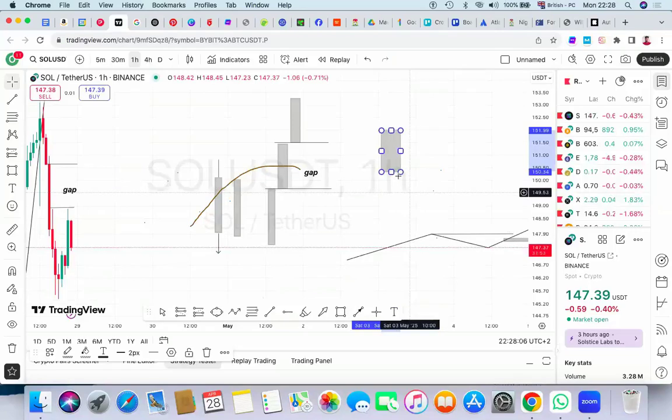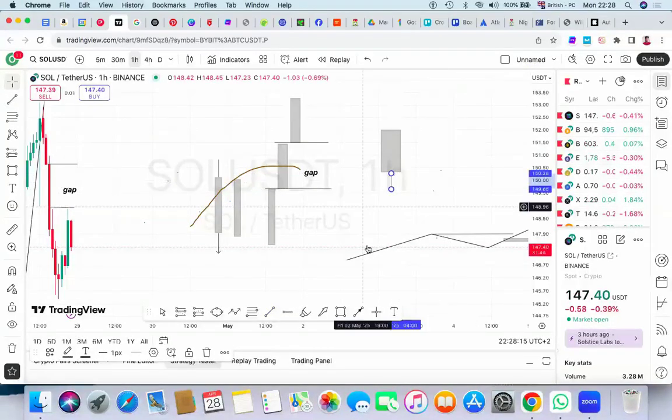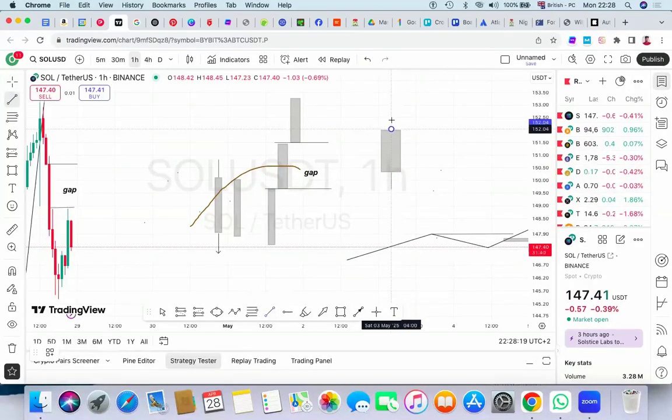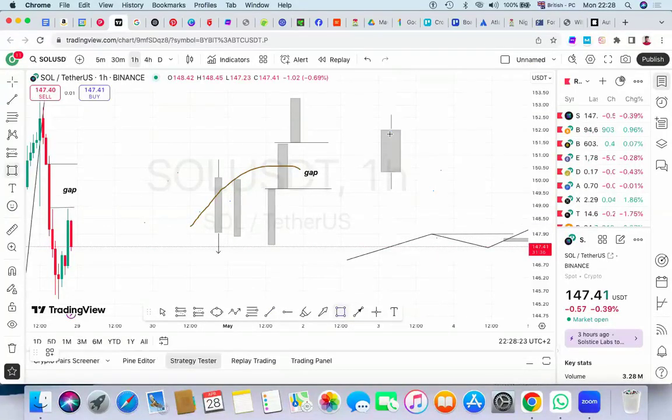It's also a Marabozu candle. Let's say for example this one is having the body and the wick. Don't mind my drawing, but just get the point. So then we have something like this.